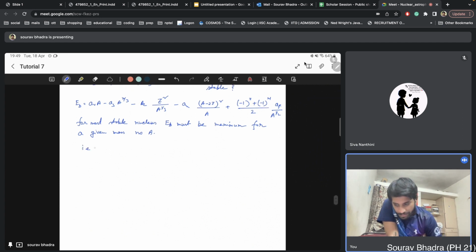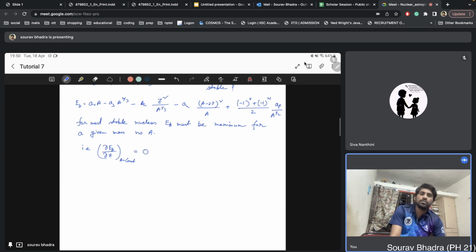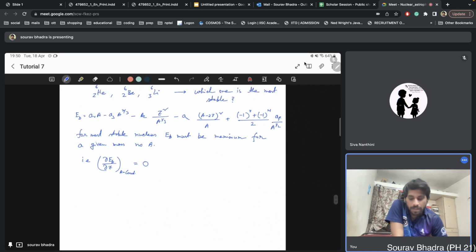Mathematically, it can be written as dEB by dZ, when A is constant, is 0. So we differentiate our semi-empirical mass formula with Z, keeping A constant, and set it equal to 0. That is the condition of maximum stability.